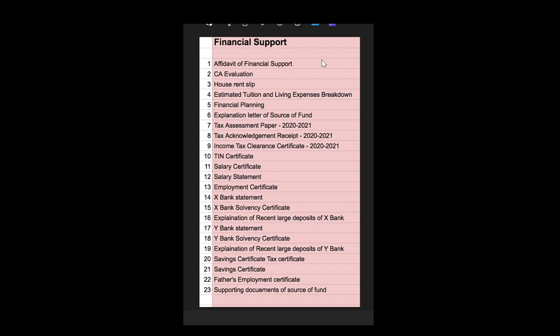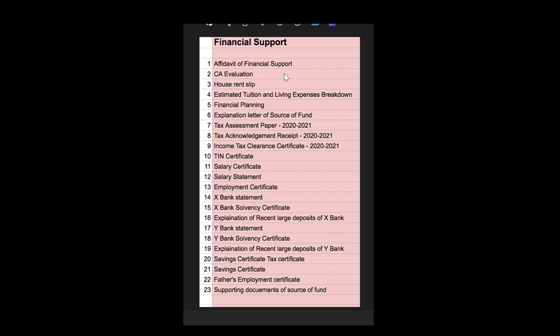So then CA evaluation. What is CA evaluation? A CA, or chartered accountant, will evaluate the assets and bank account of the person who is supporting you financially. Everything will be evaluated by the CA, and the CA will declare that person's financial strength in Canadian dollars instead of local currency only.